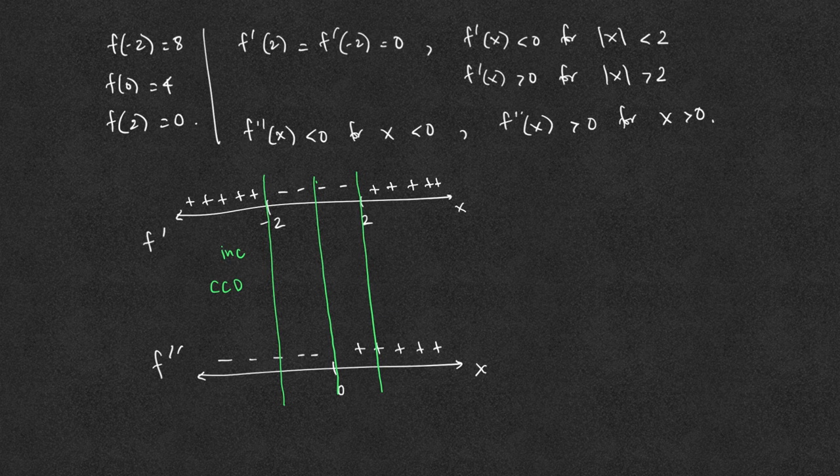From -2 to 0, the function is decreasing because f' is negative, and concave down because f'' is negative. From 0 to 2, since f' is negative, the function is decreasing, and f'' is positive, and so the graph is concave up. From 2 to infinity, f' is positive, so the function is increasing, and f'' is positive, and so the graph is concave up.